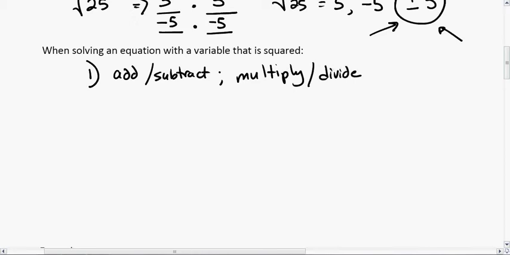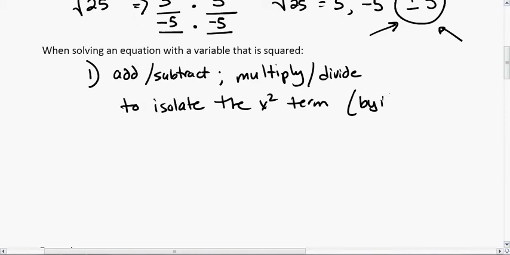And you want to do this so that the squared term is isolated. So add or subtract, multiply or divide to isolate the x squared term. In other words, get that x squared term by itself on one side of the equation.